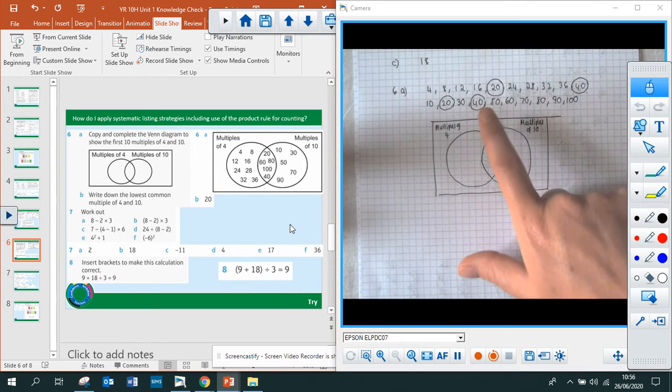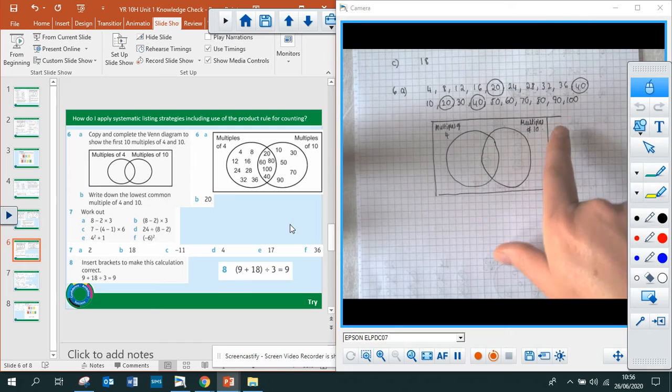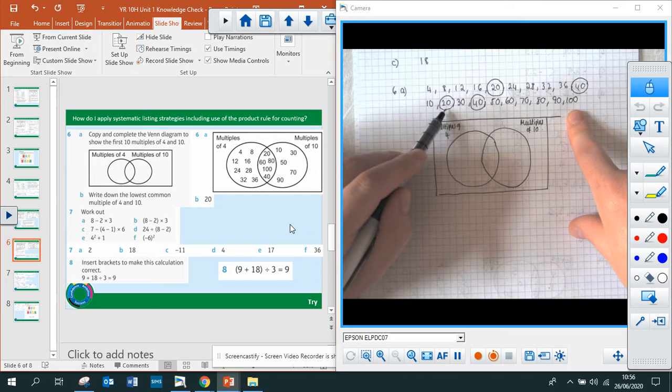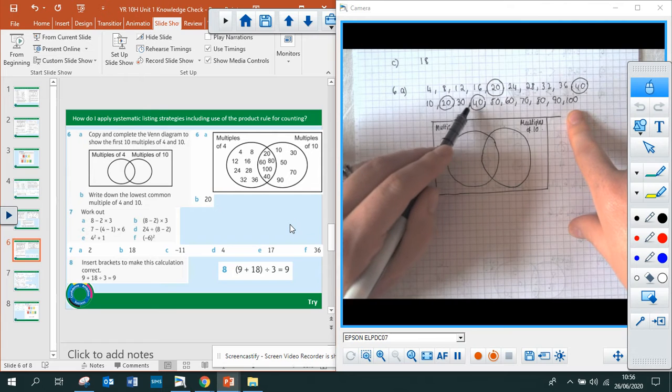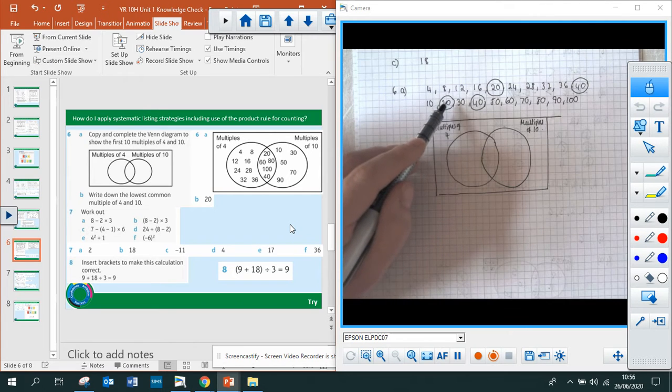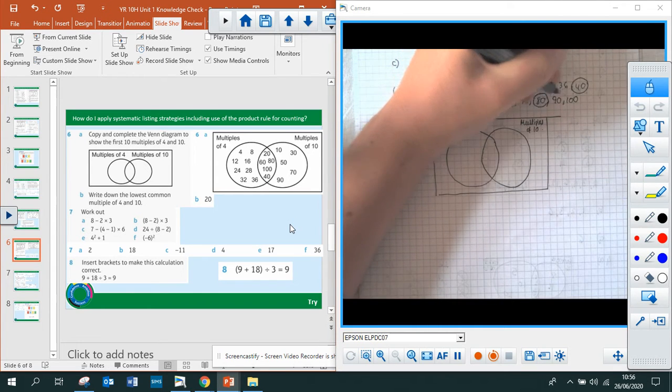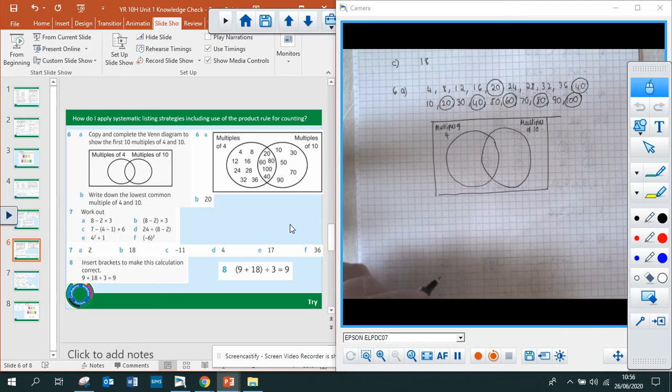So I still need to think about which ones in the 10 times table are also multiples of 4. If you can see, 20, 40, there's going to be a multiple of 20. So we know that also 60, 80, and 100 are common.